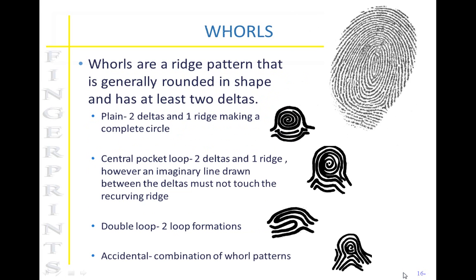We can also classify fingerprints into a whorl pattern. Whorls are ridge patterns that are generally rounded in shape and have at least two deltas. These can also be subdivided into either plain whorls, central pocket loop whorls, double loop whorls, or accidental whorls.